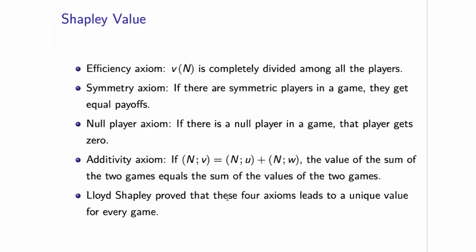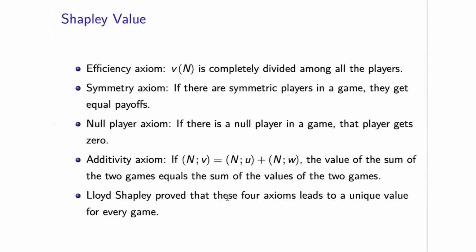Okay, so let me just summarize the four axioms that we used. We use the axiom of efficiency. The efficiency axiom says that Vn, which is the value of the coalition when all the n players are in that coalition, is to be completely divided among all the players. We have the symmetry axiom, which says that if there are symmetric players in a game, then they should get equal payoffs.